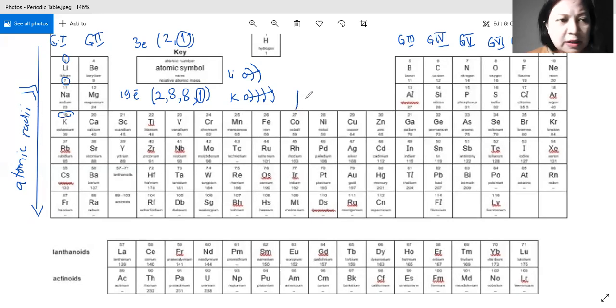So in the case of potassium, it is actually measured as it is in gas. So potassium gas will release 1 electron plus potassium positive gas.